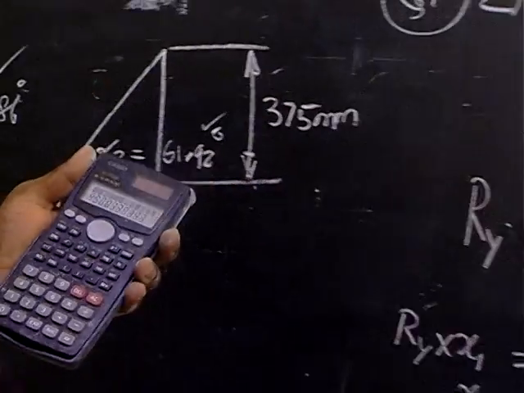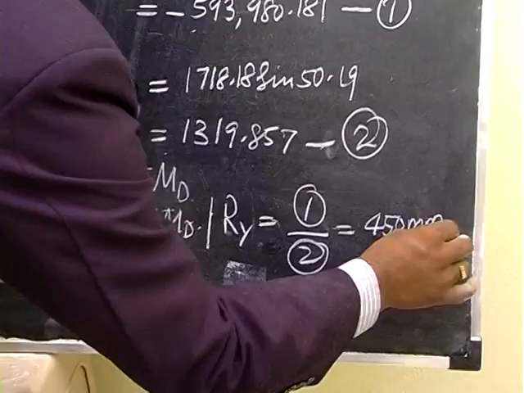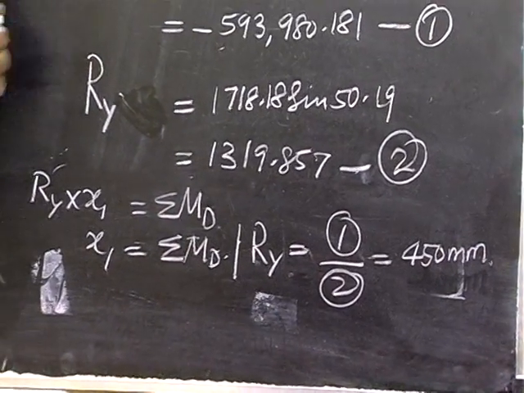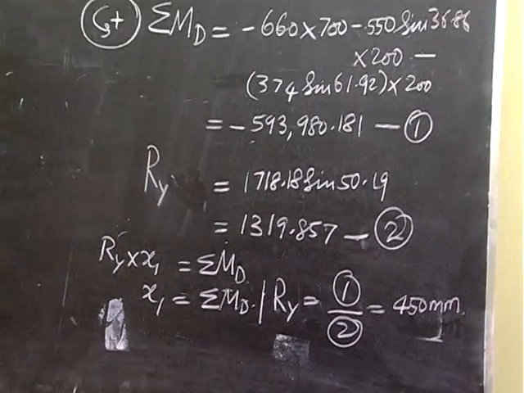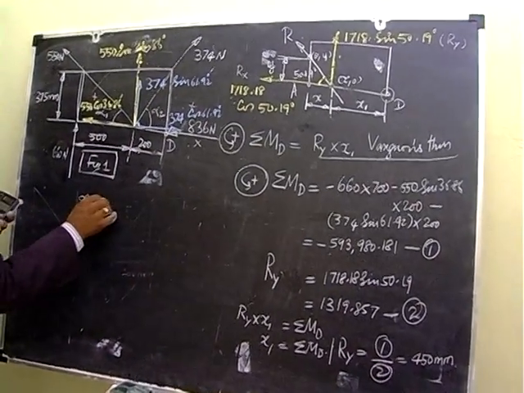So this we are getting as 450 mm. So when x is equal to 450 mm, x1 is 450.